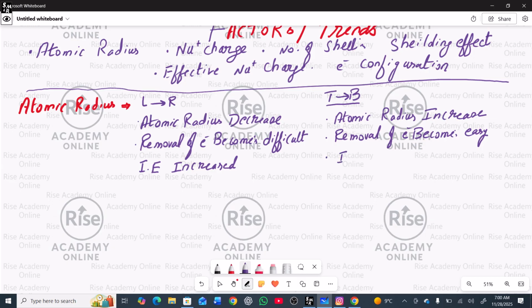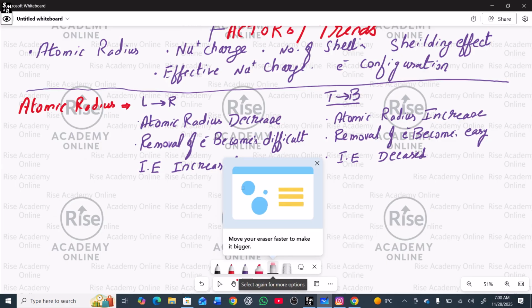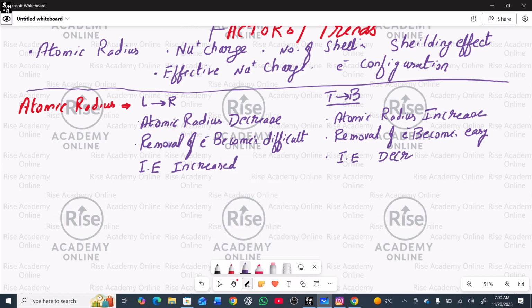So the amount of energy required to remove an electron gradually becomes lower. Less energy is required in each step, and we can say that ionization energy decreases. So this is the effect of atomic radii.